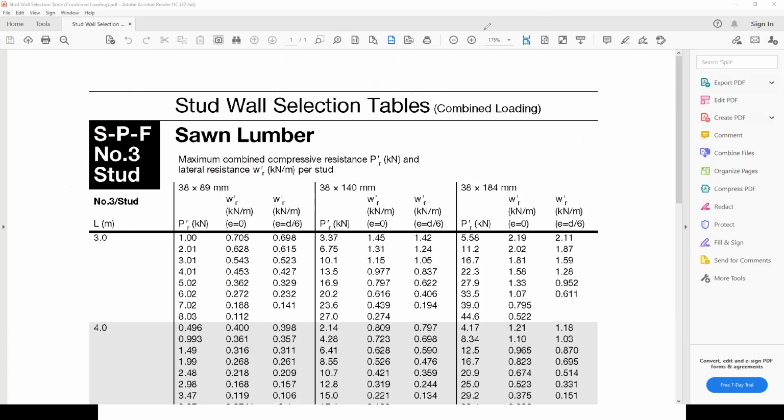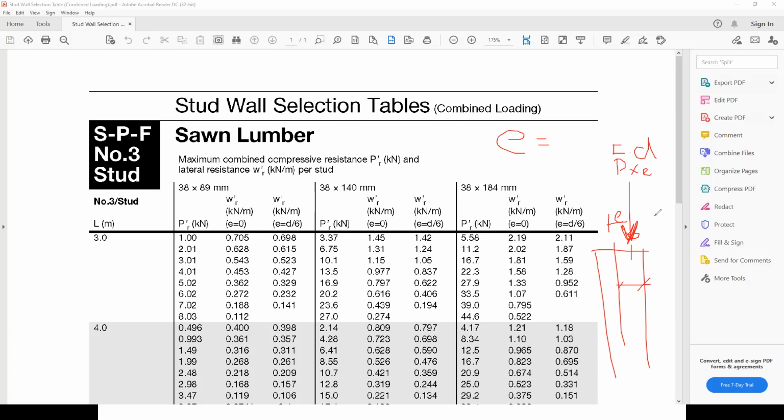First of all, what's eccentricity? In other words, if I have an axial force P, and it doesn't coincide with the centroid, and this is E here, then P times E, a force times a distance, what does that give me?